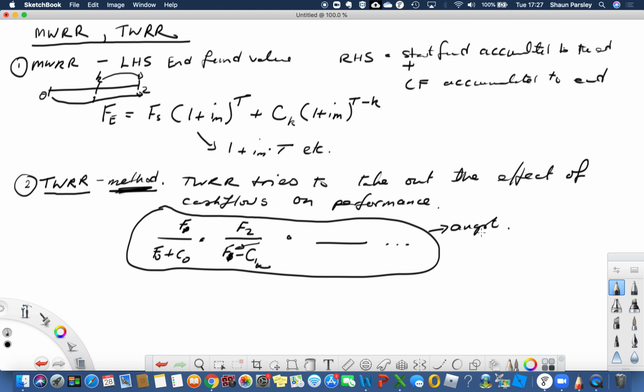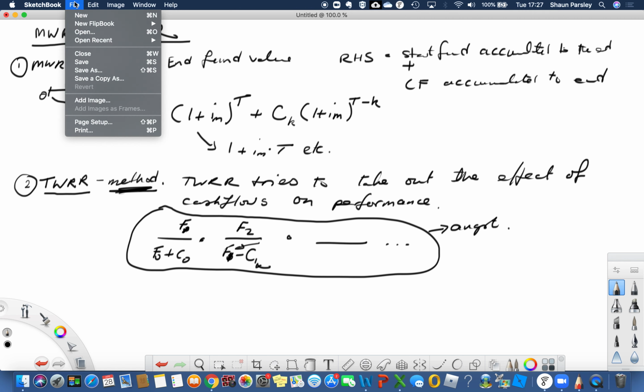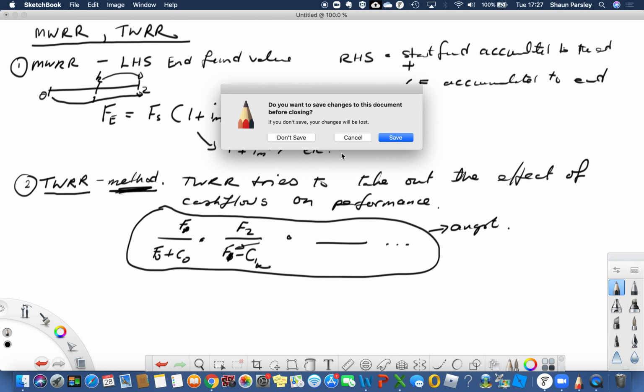So I'm going to do some examples which highlight the importance of the method. Okay, I'm just going to start a new sheet. I'm going to rewrite it again, just so we know where we are.